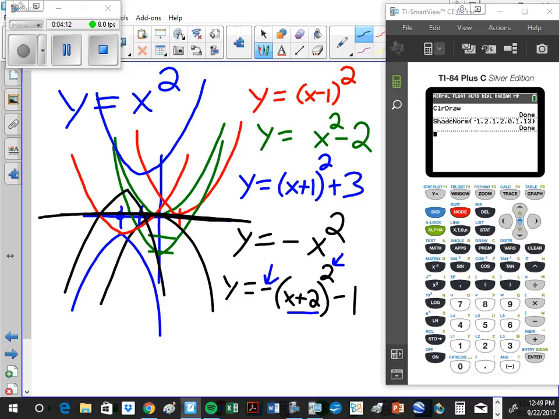Now, I hope they don't do any y-axis reflections. Let me look in the book. If they do, that causes some problems. Usually we just avoid that. Okay, we're on 2.5. We're good there.